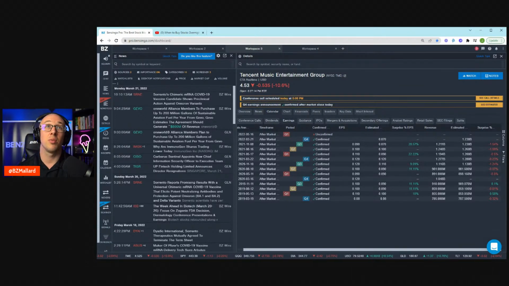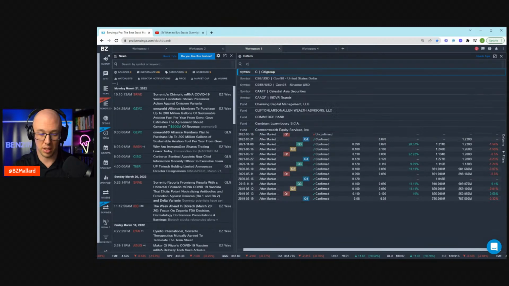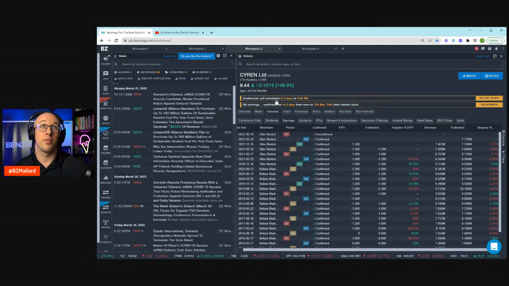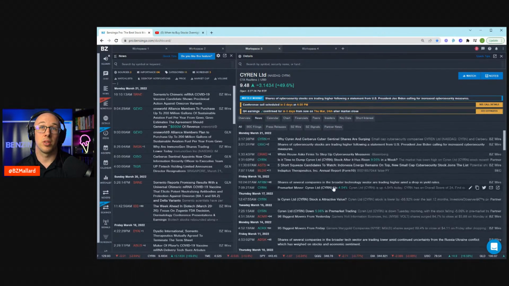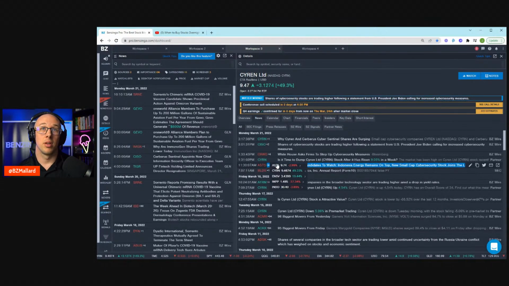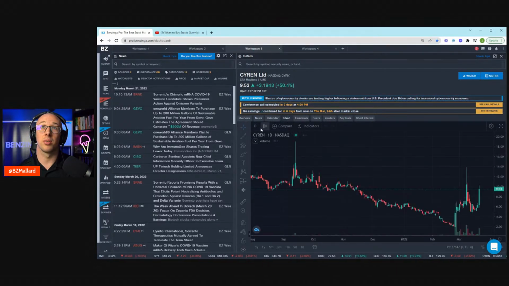Blind traders trading CYRN. Let's take a look at CYRN. Wow, up 48% today. Let's see if there was some news. Okay, so it was a top short squeeze candidate to watch. You can see that we have articles every day about the top short squeeze candidates. And then I can look at the chart here.